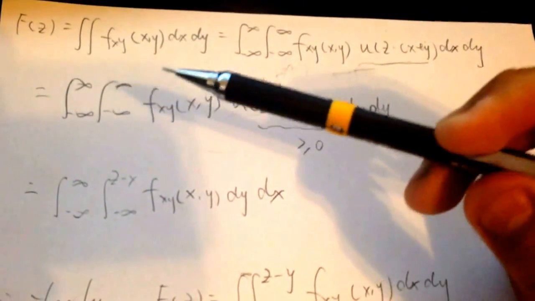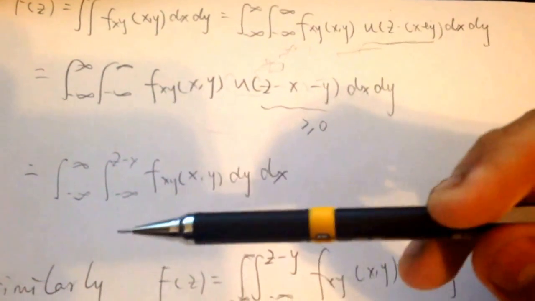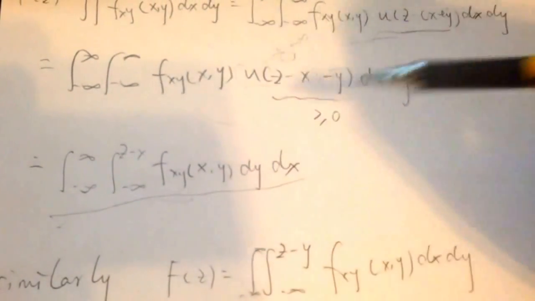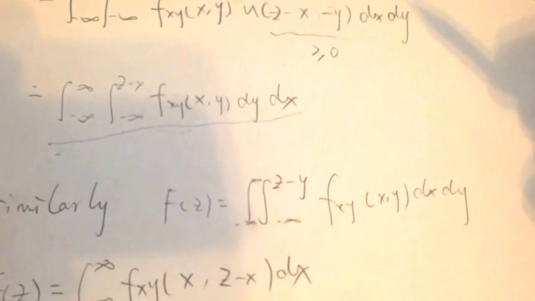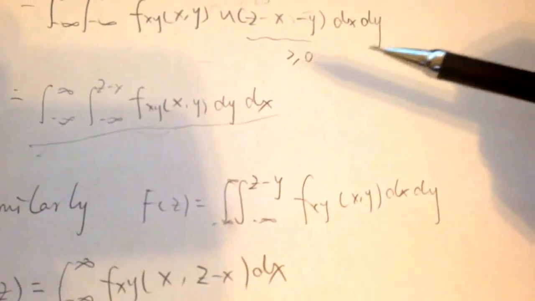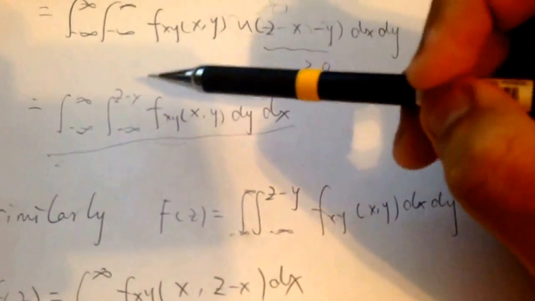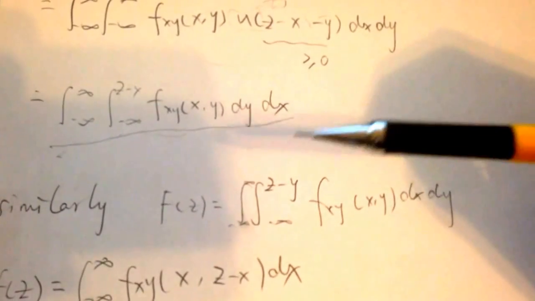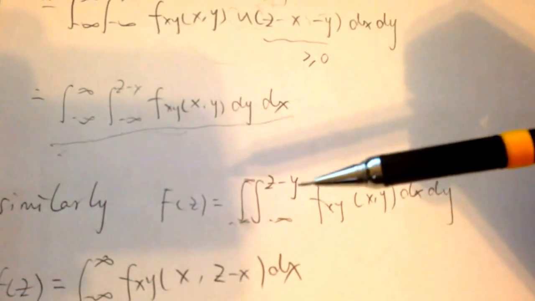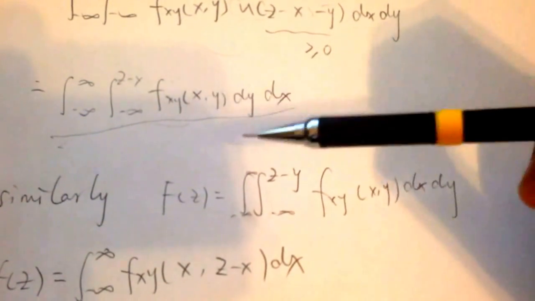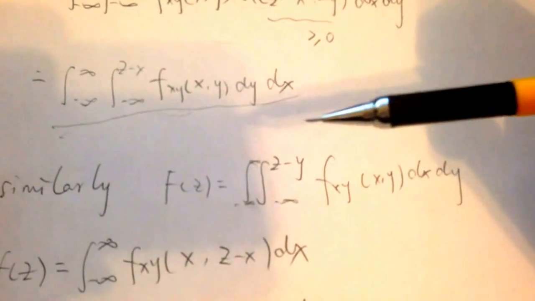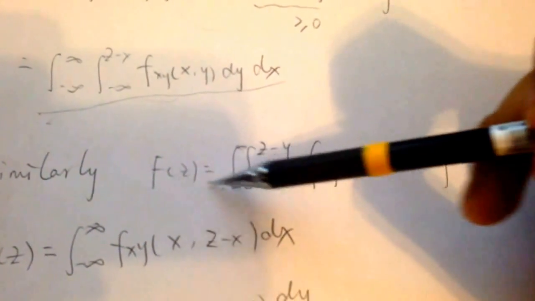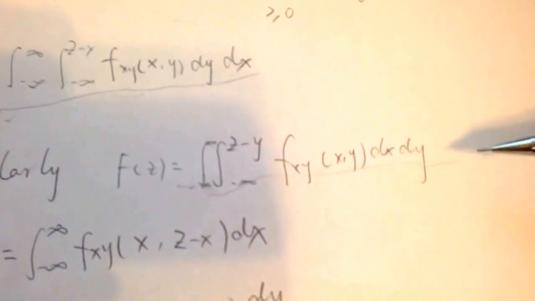So here, the capital F of z can be written in this way. And similarly, we substitute y with z minus x, and we can also substitute x with z minus y. So we get capital F of z written in this way.